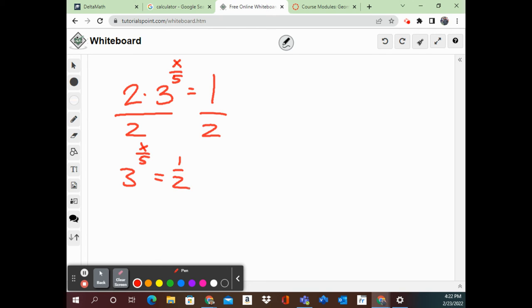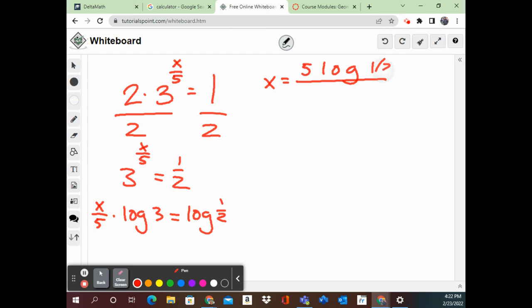Take the log of both sides, and we end up with x over 5 times log 3 equals log of 1/2, right? And so now, after doing some algebra, I know I'm going to multiply both sides by 5. So then I have x is equal to 5 log 1/2 divided by log 3, right?